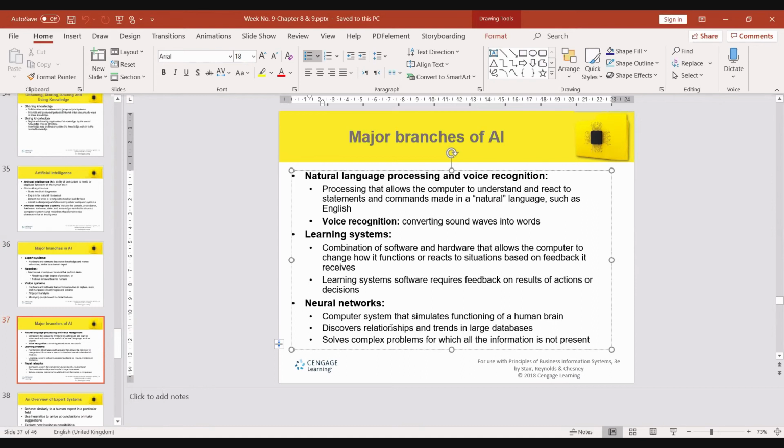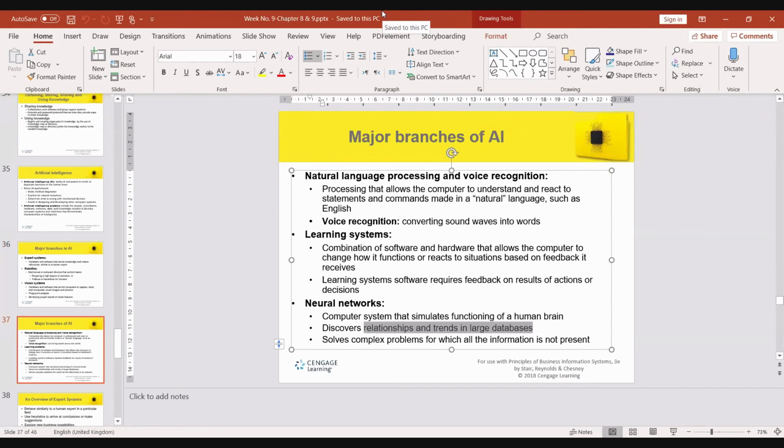Neural networks. The word neural is from the neurons. The brain is working with neurons. So it is a computer system that simulates the functioning of the human brain, discovering relationships and trends in large databases. Nowadays you have big data, millions of records, and you want to manage it and find some specific information or specific pattern.